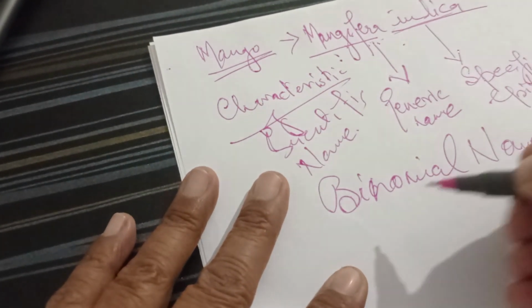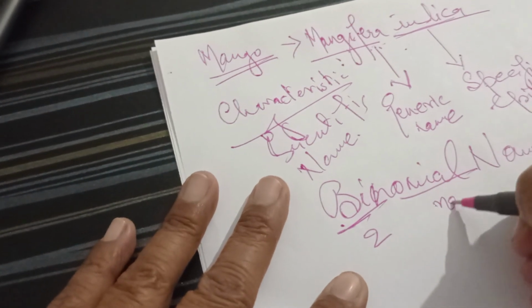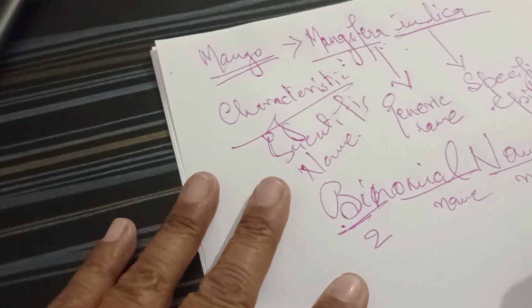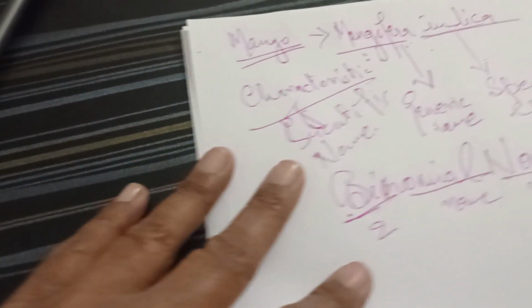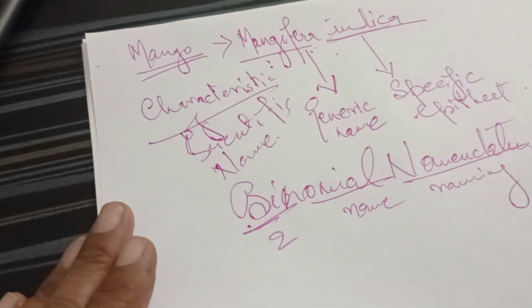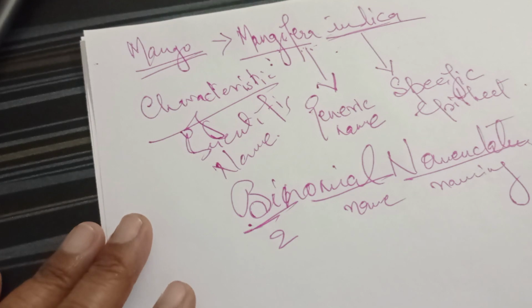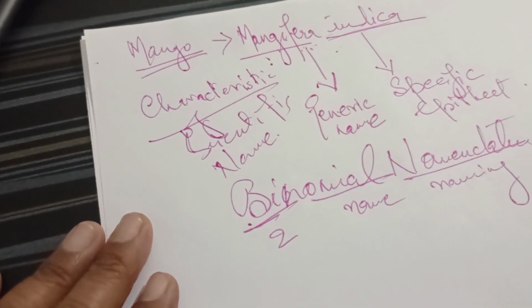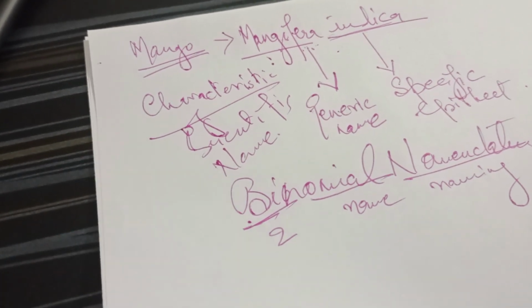Bi means two, nomial means name, and nomenclature means naming. So this is known as binomial nomenclature. That means all living organisms have been given a scientific name which is made up of two names. And mind it, first is the generic name and second is the specific epithet.